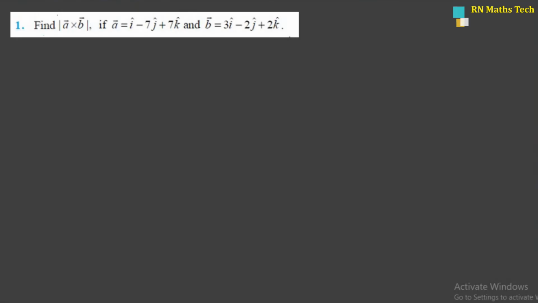Vectors exercise 10.4, question number 1. Find the modulus of A cross B, given A bar and B bar. A bar cross B bar is equal to the determinant with first row i, j, k, second row the components of A bar, 1, minus 7, 7, and third row 3, minus 2, 2.